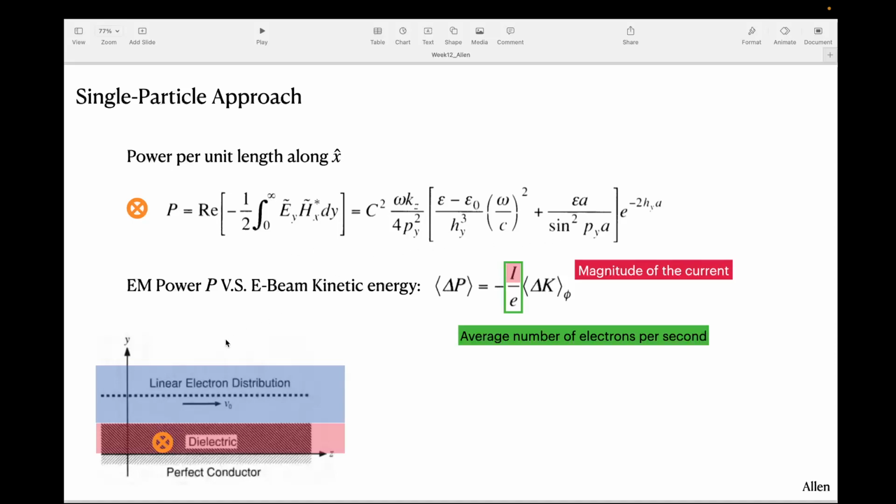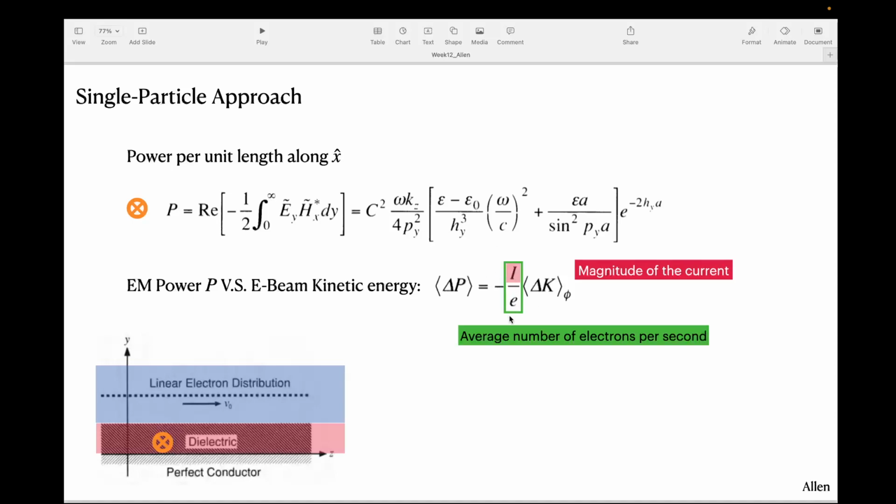And also to compare the EM wave power with the kinetic energy, the relationship is defined here, where the I is not the intensity, but the current. And of course we know the current equals the number of electrons per volume times the electron charge, times the area, also times the drift velocity.